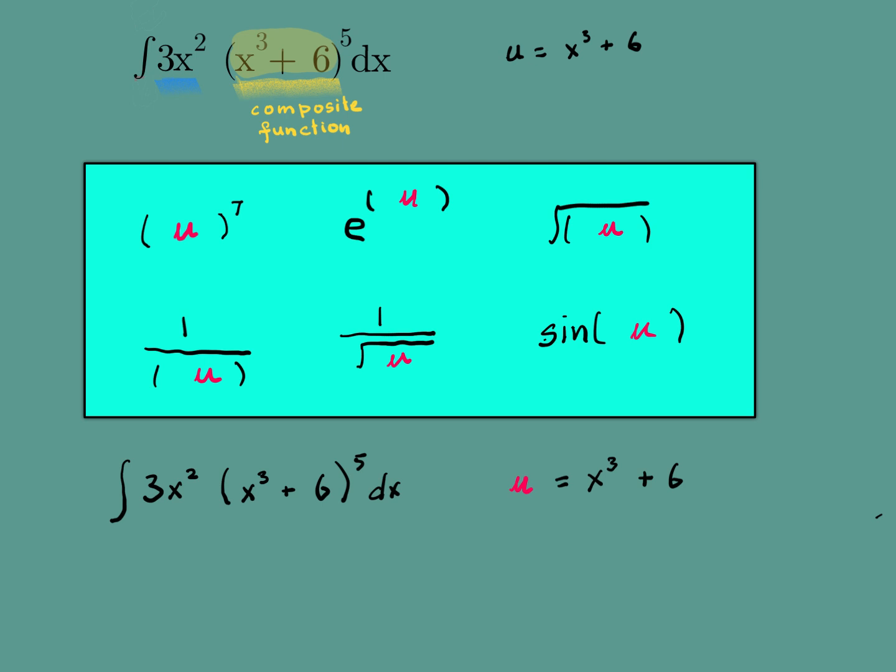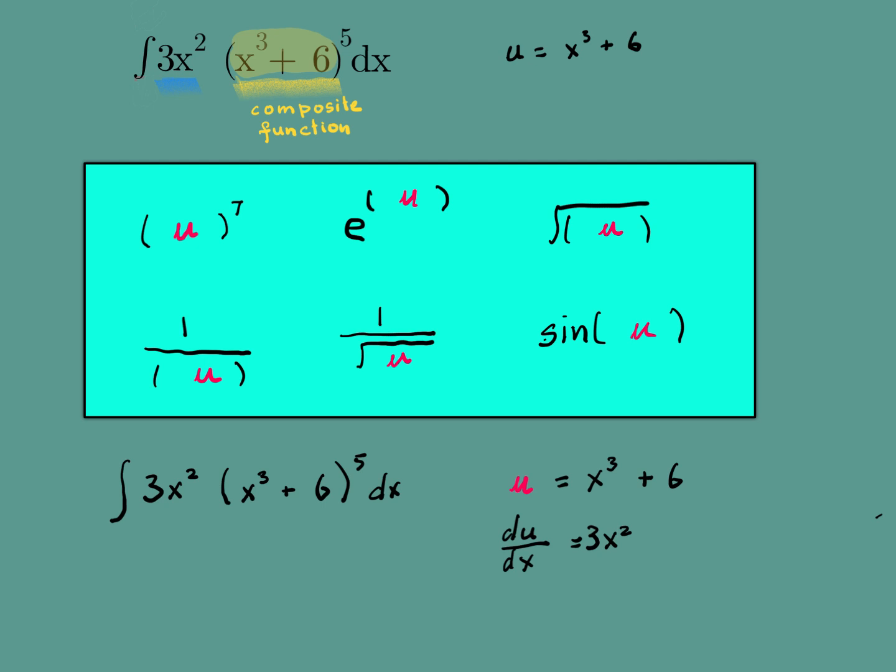And we need to differentiate that U. So we'll differentiate the U with respect to x. So du/dx is equal to, and we just differentiate this, so this becomes 3x squared.